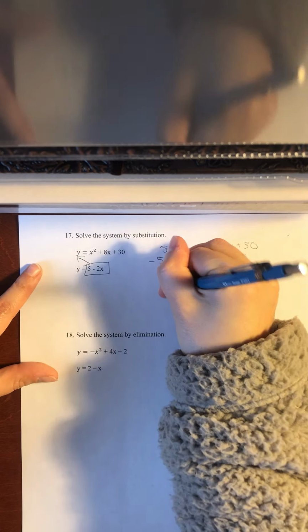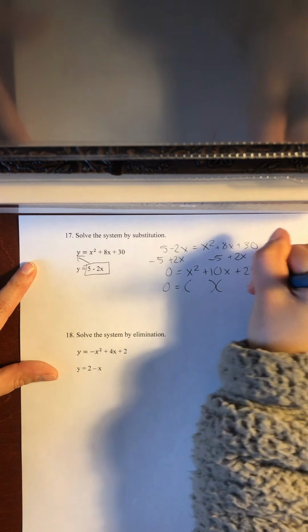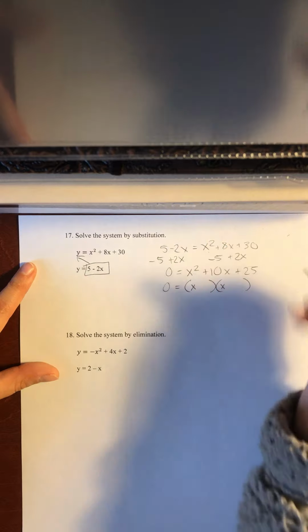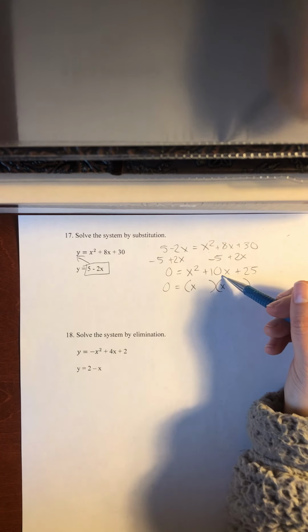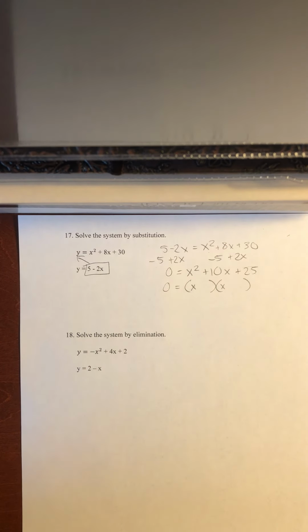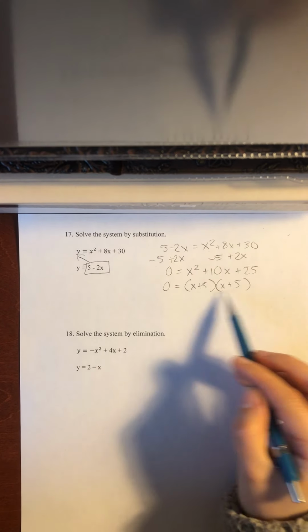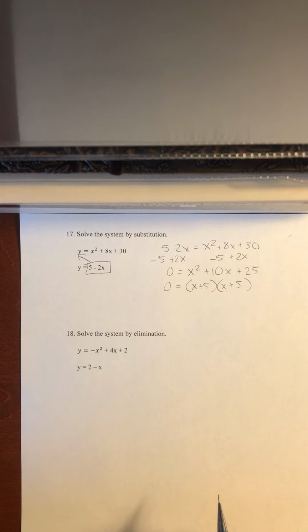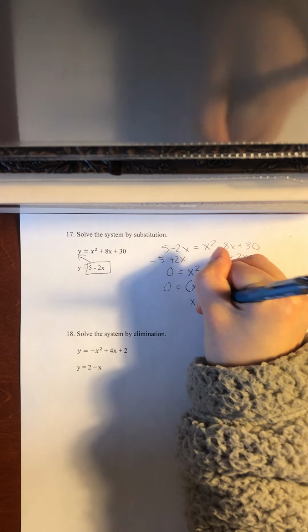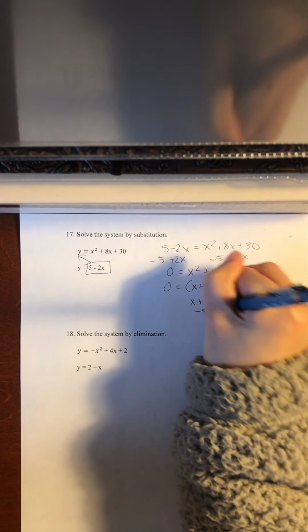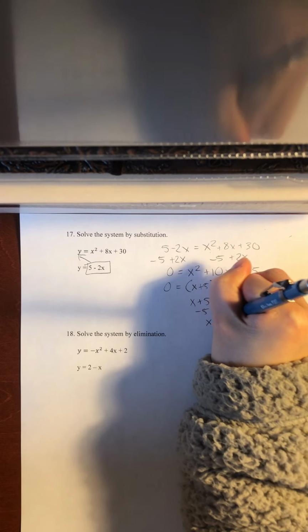Now we can factor this. 0 equals, what two numbers multiply to 25 and add to 10? That would be positive 5, positive 5. So we're going to have just one solution here because that is obviously the same thing. So x plus 5 equals 0, minus 5, x equals negative 5.